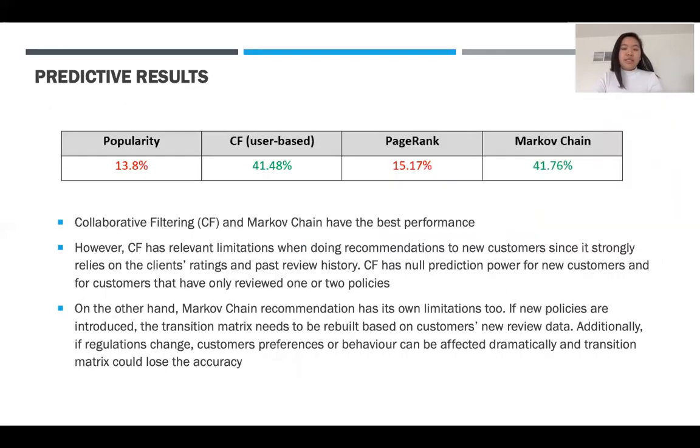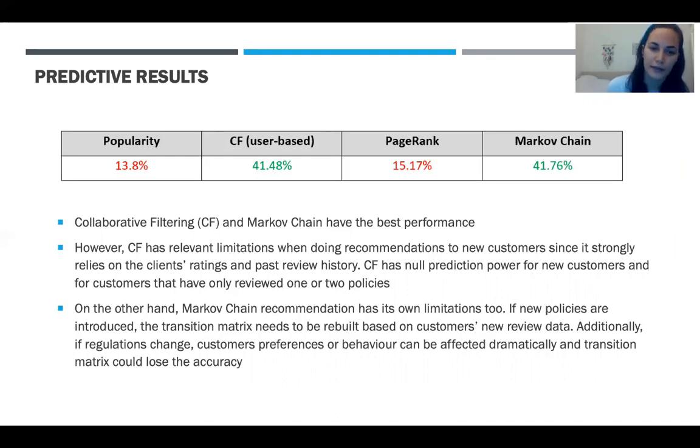Next slide, please. So here you can see the predictive results we got from our models. Overall, collaborative filtering, user-based, and Markov chain have the best performance. However, both have certain limitations. Collaborative filtering has limitations when giving recommendations to new customers because it strongly relies on the client's ratings and past review history.